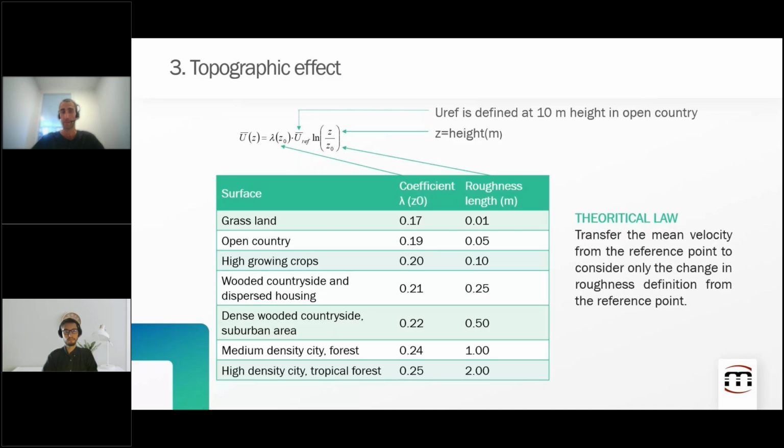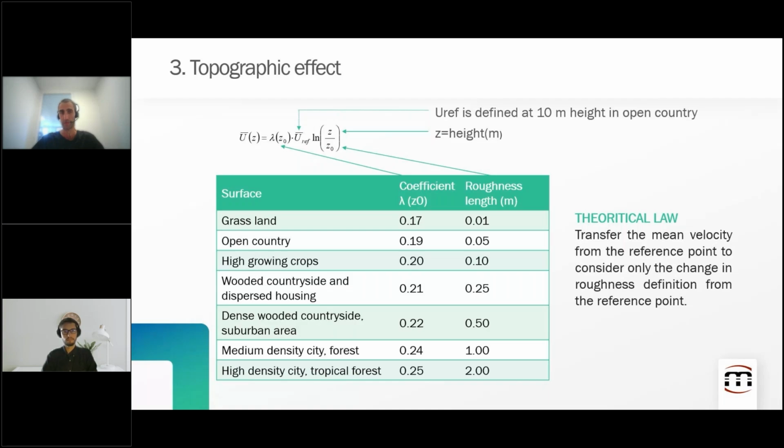So here we express a change of mean wind speed, from the reference wind speed at 10 meters high in open country to another one at Z0, and you can also take into consideration the gradients of flow with altitudes.